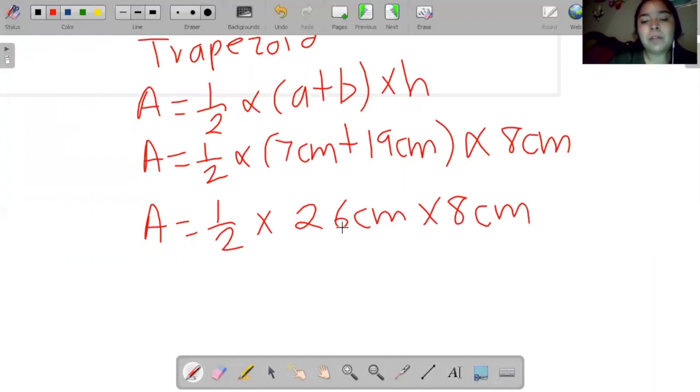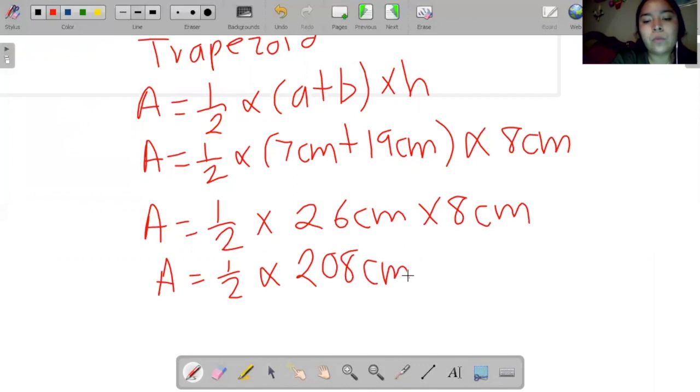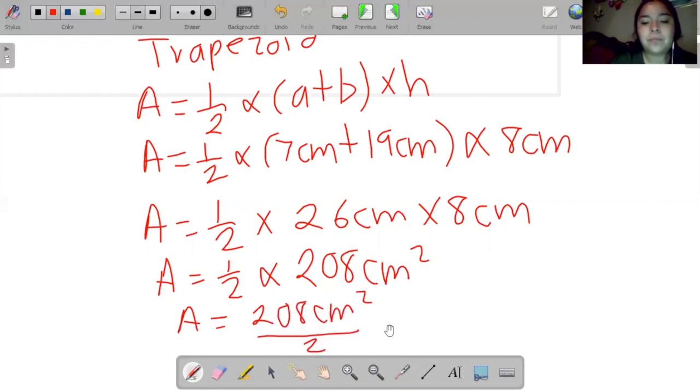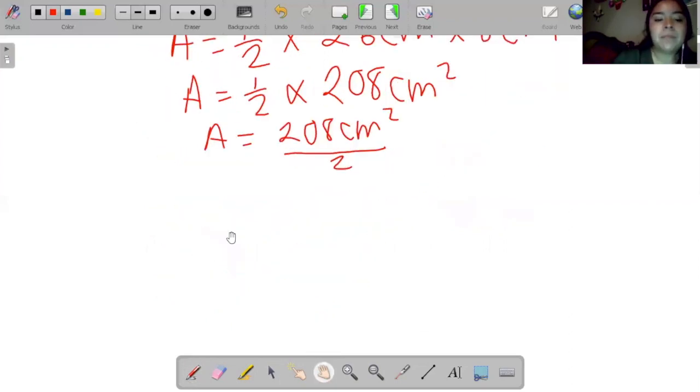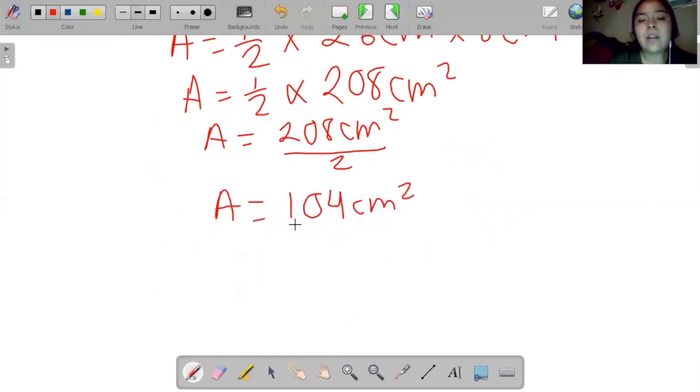So now we're going to multiply 26 times 8, that's 208 centimeters squared. So then A is equal to 208 centimeters squared divided by 2. So then A is equal to 104 centimeters squared. So the area of the trapezoid is 104 centimeters squared.